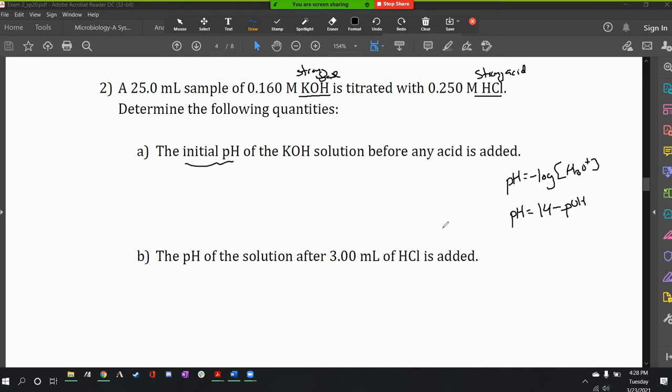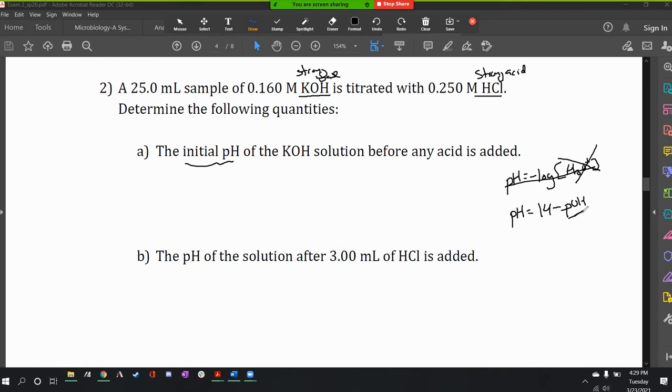So when I think about these, I'm like, which one of these is more useful here? Well, I'm finding the pH of a solution that only has base added. There's no acid added, so it's unlikely I'm going to be able to find a concentration of acid when there's no acid being added at all. So I probably can't use this method. But I think I can probably use that second method, which is 14 minus the pOH.